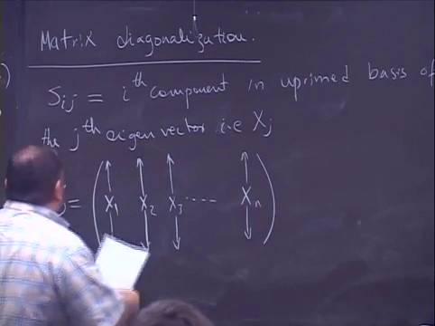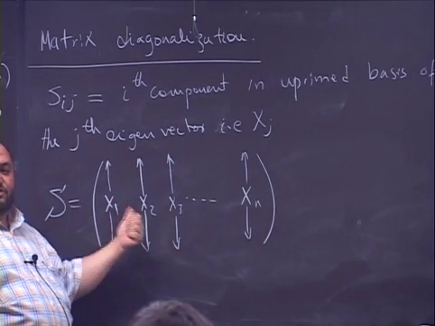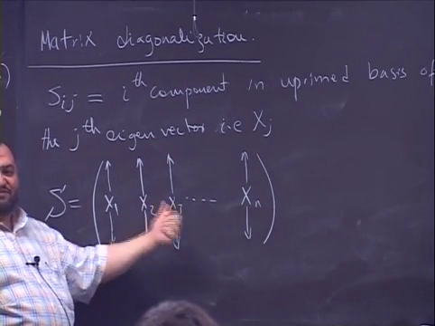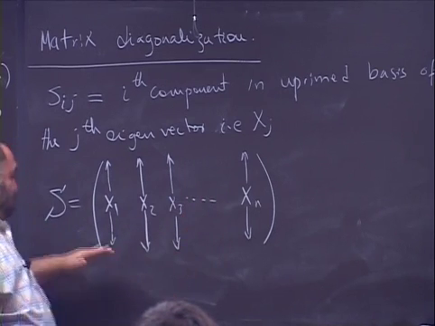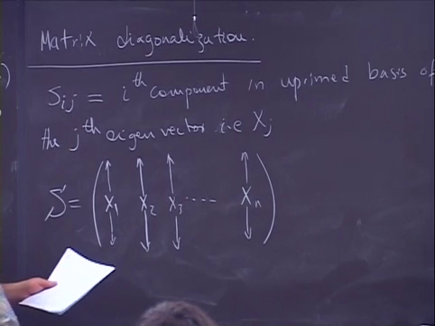So the transformation matrix is the matrix where every column is one of the eigenvectors of the matrix A. So this is how we will form the matrix S.